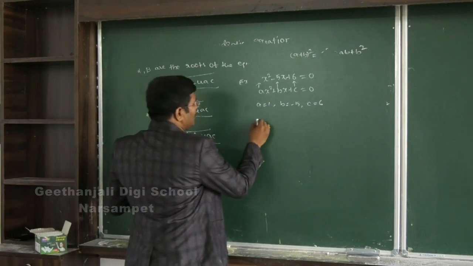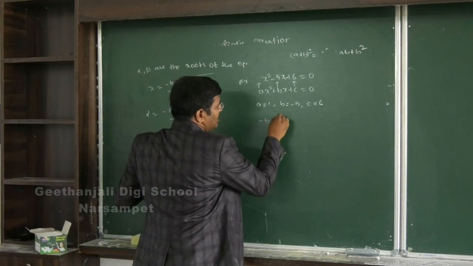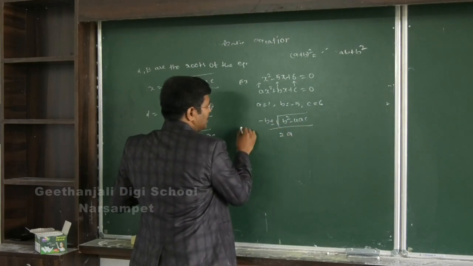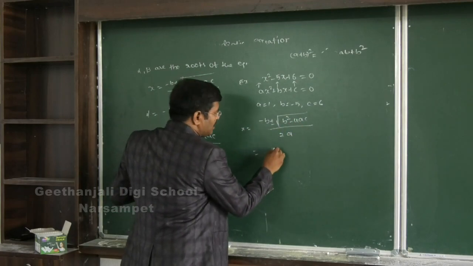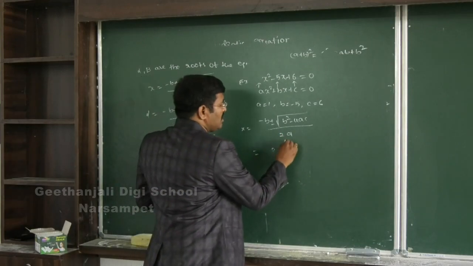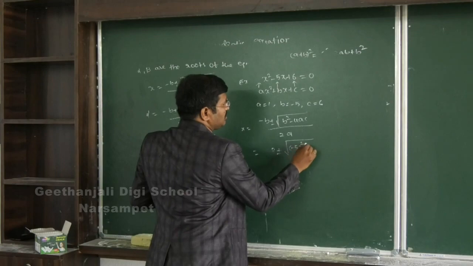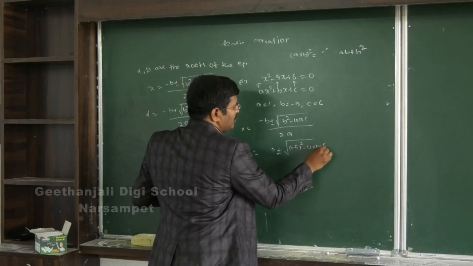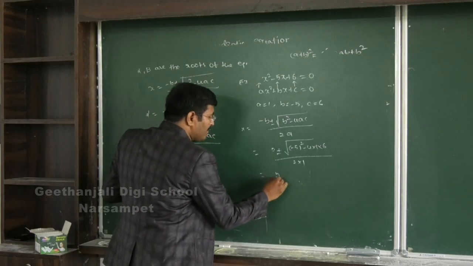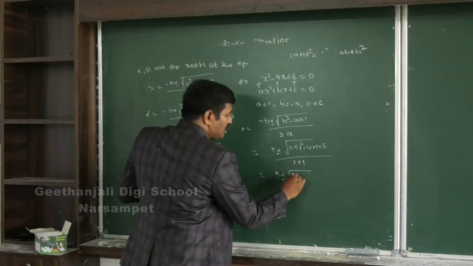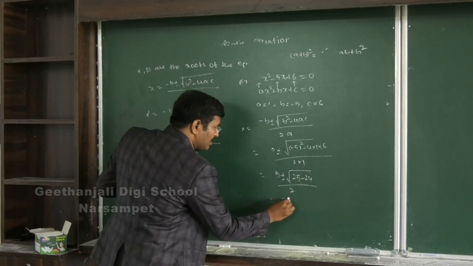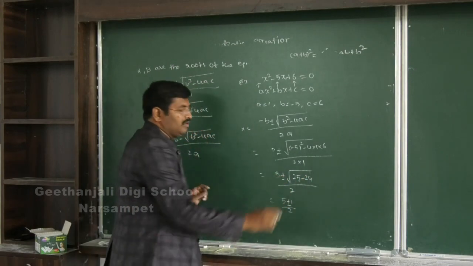Then what is the formula? x is equal to minus b plus or minus under root of b square minus 4ac by 2a. Minus b means minus of minus 5, plus or minus under root of minus 5 square minus 4 into 1 into 6, by 2a. That is equal to 5 plus or minus under root of 25 minus 24 by 2, which is 5 plus or minus 1 by 2.